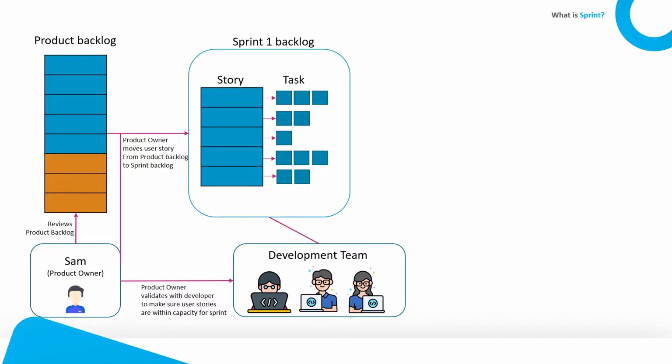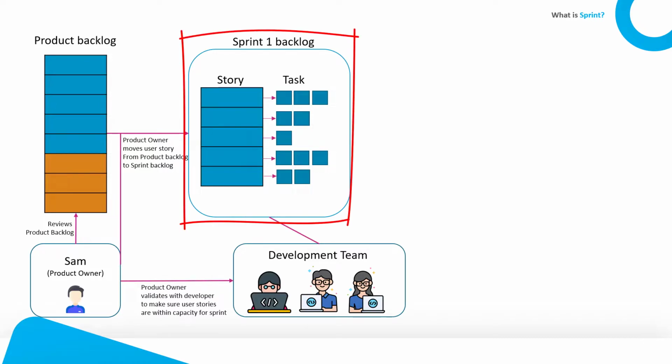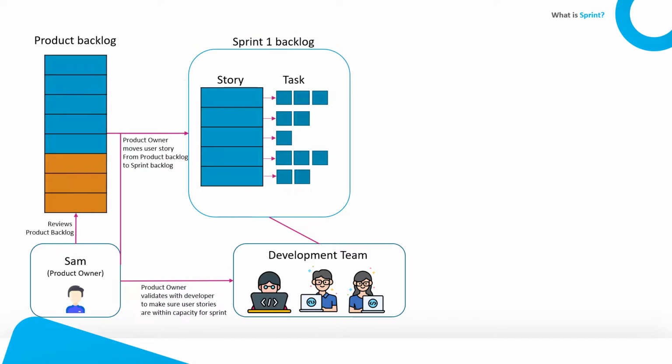So then the product owner will sit down with the development team and review the user stories for sprint 1. Let's say the development team says that this is too much for 2 weeks and it cannot be accomplished. We need to move one story back. So they move one story back to the product backlog and finalize that sprint 1 has these 4 stories. That looks good.